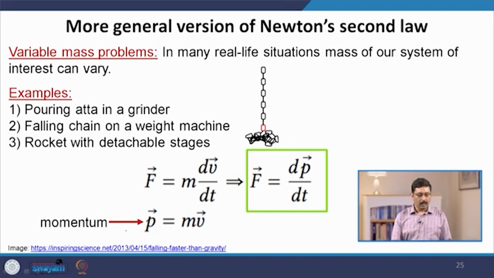Another example which is shown on the slide is, suppose you have a weight balance like the one you may see in large shops, and suppose you have a chain, and this chain was initially hanging fully in the air without any contact with the weight machine. Then you gradually lower the chain and touch the floor of the balance, and then you release it.